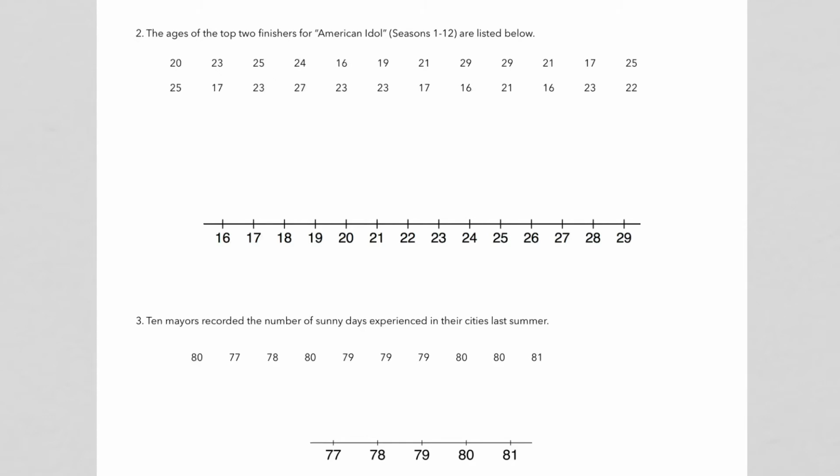These numbers down here along the number line are the ages of the contestants, and then over here the number of contestants, or the number of finishers that had that age. So let's start with 16.